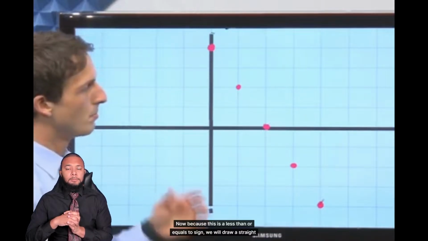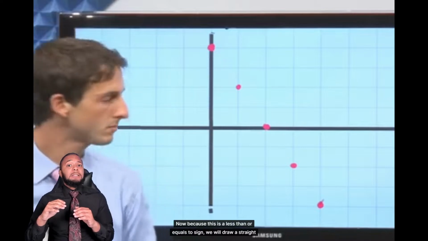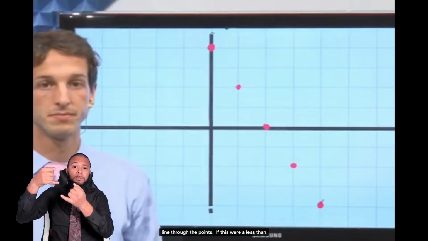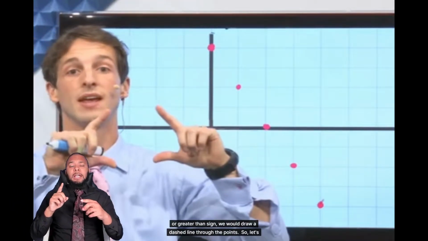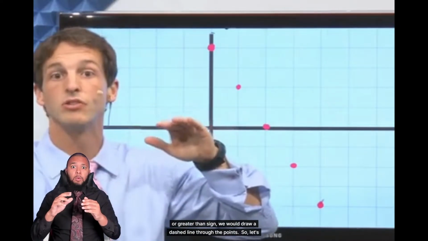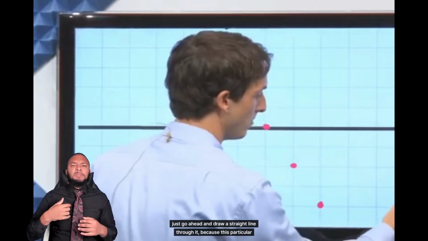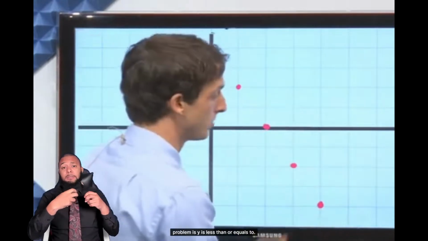Now, because this is a less than or equals to sign, we will draw a straight line through the points. If this were a less than or greater than sign, we would draw a dashed line through the points. So let's just go ahead and draw a straight line through it because this particular problem is y is less than or equals to.